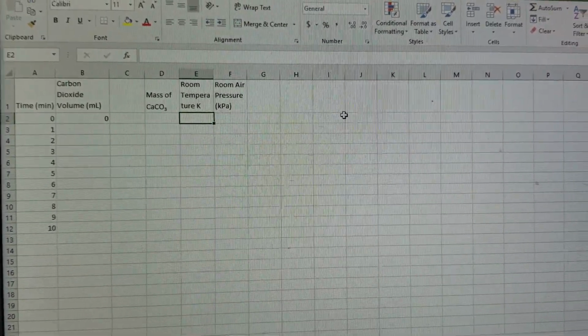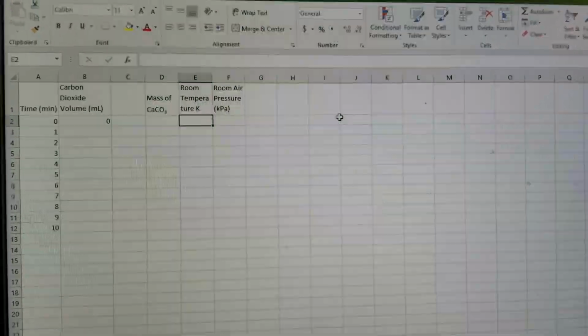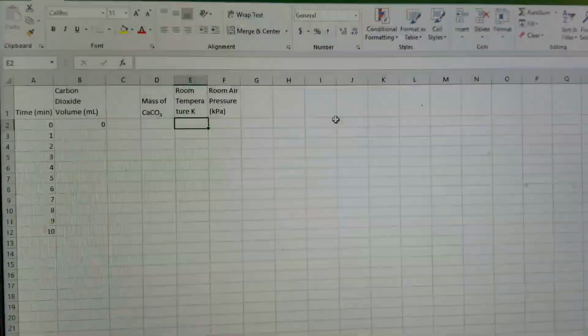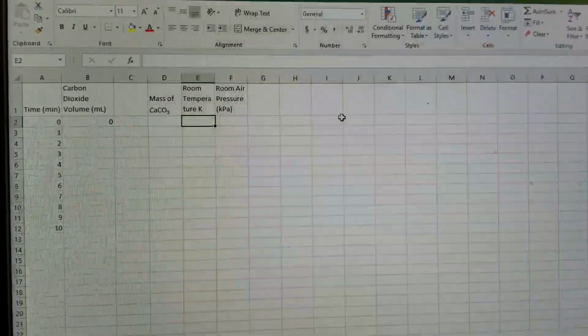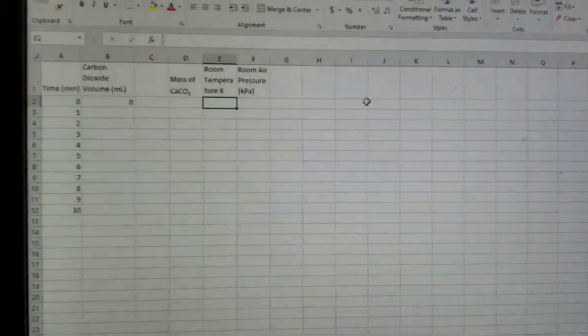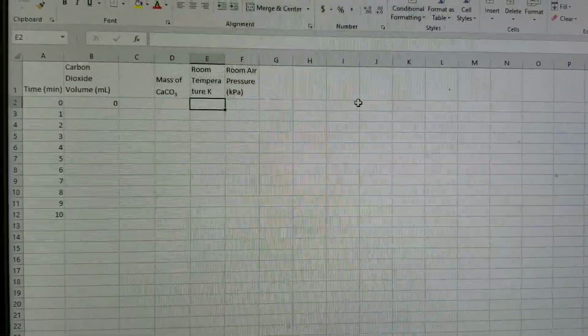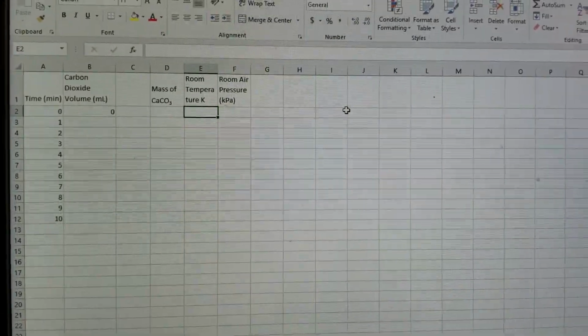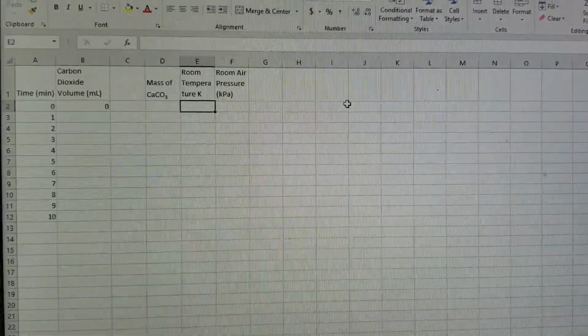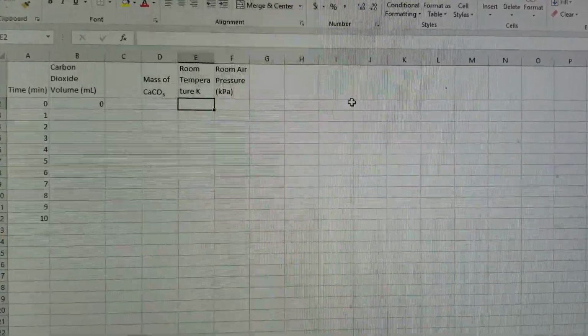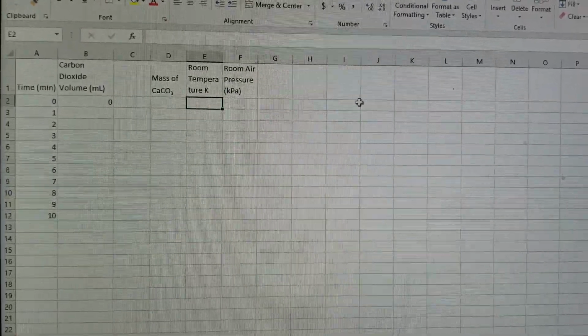That should be somewhere around half a gram to 3 decimal places. And you've got your room temperature and your room air pressure, because you're going to have to do some ideal gas law calculations for the introductory activity to say how much carbon dioxide you could have made, given which one of your reactants is limiting.